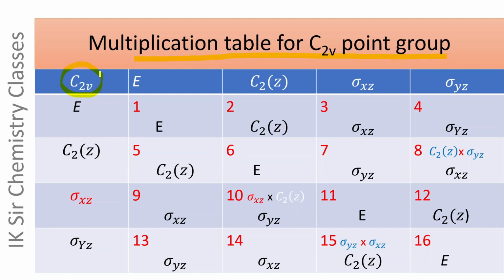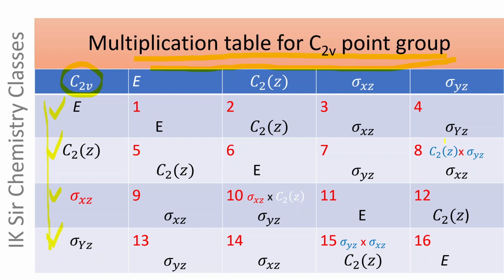C2V symmetry group is a mathematical group, and its elements are symmetry operations: identity, C2Z, sigma xz and sigma yz, which have been written in the vertical direction. These symmetry operations are also written in the horizontal position: E, C2Z, sigma xz and sigma yz.